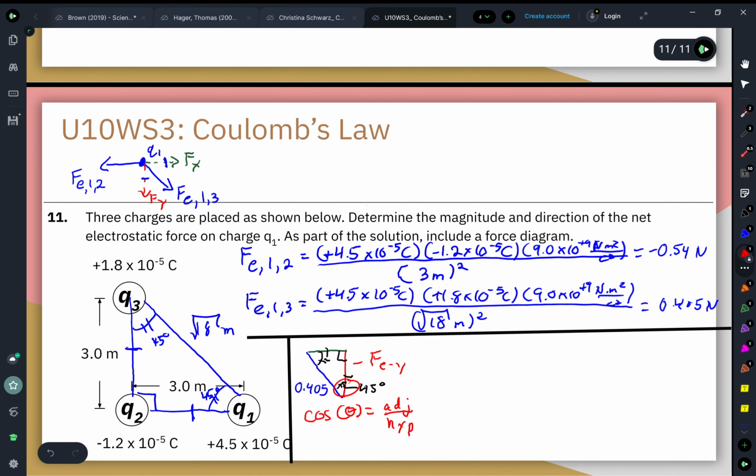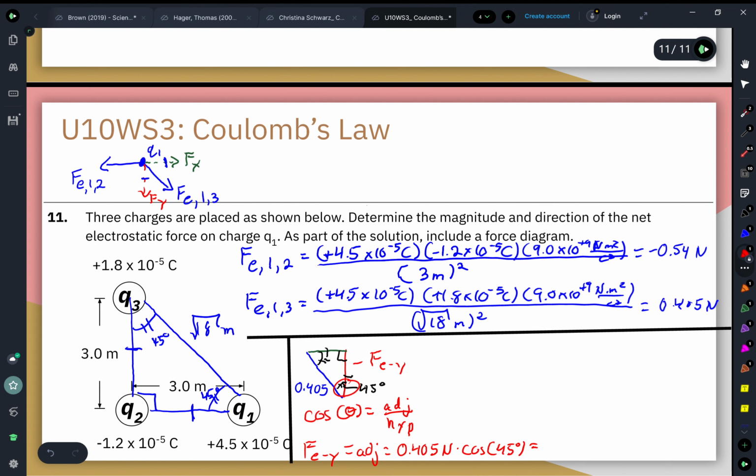In order to solve for the adjacent, we multiply both sides by the hypotenuse. So our electric force in the y direction is equal to our adjacent, which is equal to our hypotenuse of 0.405 newtons times cosine of that angle, 45 degrees.